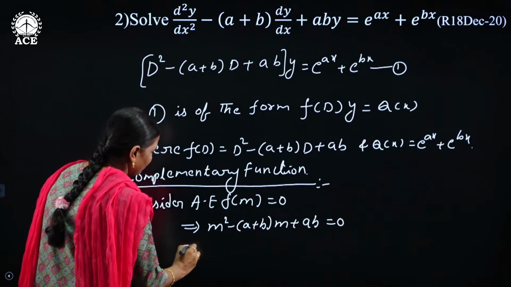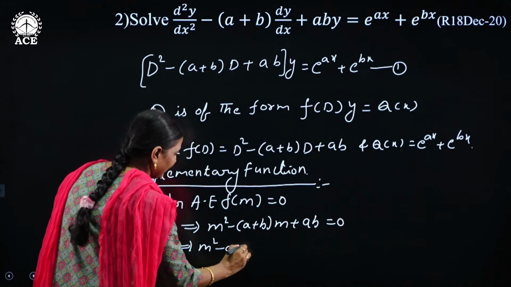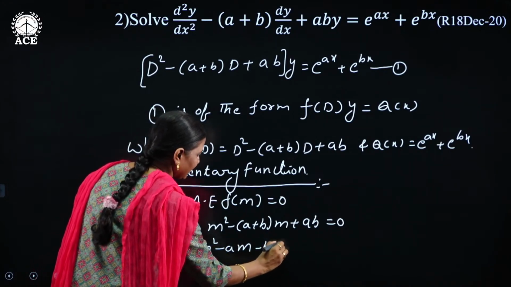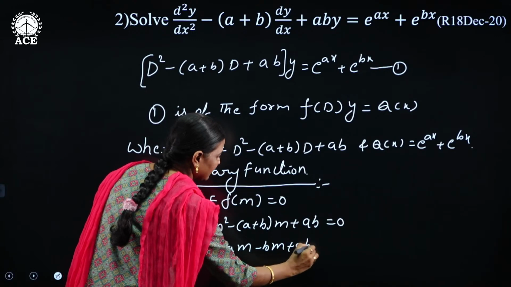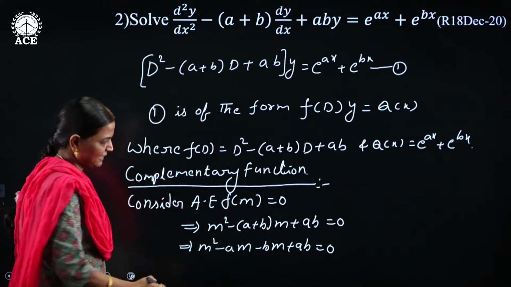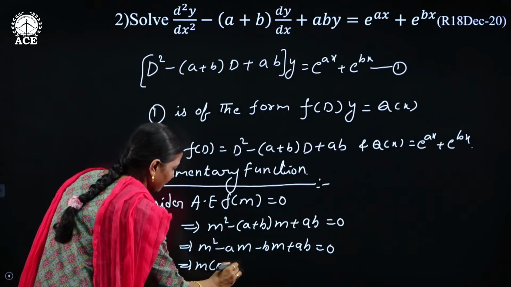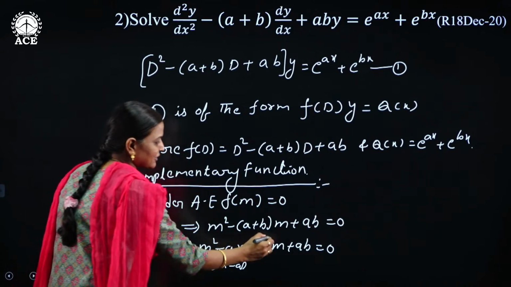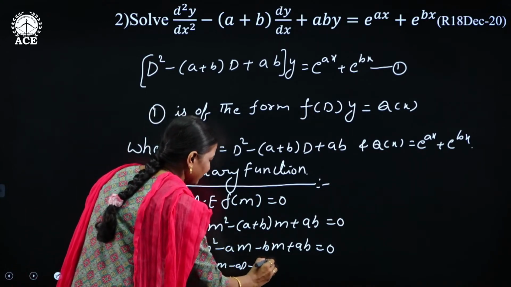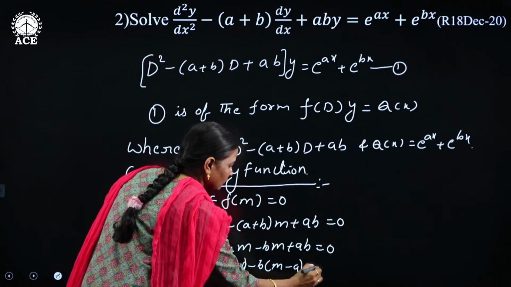So how to write? First split the terms here: m square minus am minus bm plus ab is equal to 0. From the first two terms, if we take m outside, that is m into m minus a. Again from the next two terms, if we take minus b common, that is m minus a is equal to 0.